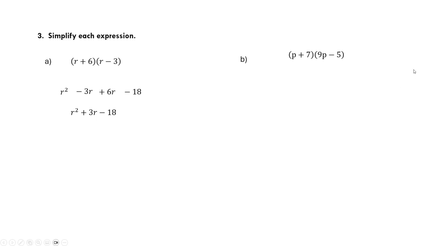Question B is P plus 7 times 9P minus 5. Once again, using the FOIL method, first, outside, inside, and last. Collect our like terms for a final answer of 9p squared plus 58p minus 35.